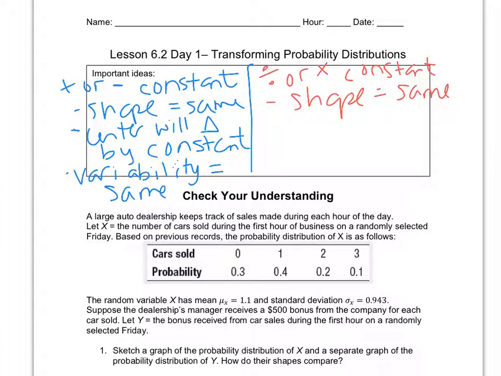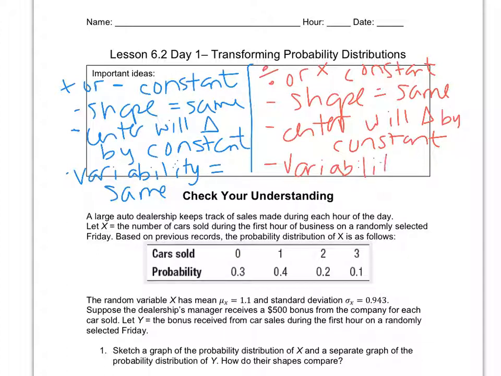Okay, the center is affected by the constant, so the center will also change by the constant. And this time, my variability, my variety within that data, is going to change by the constant as well. So the variability changes by the constant also.